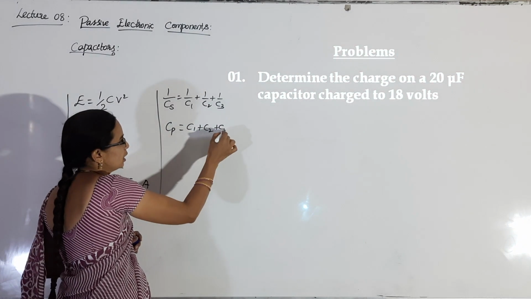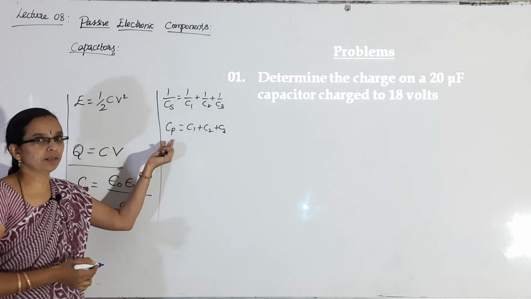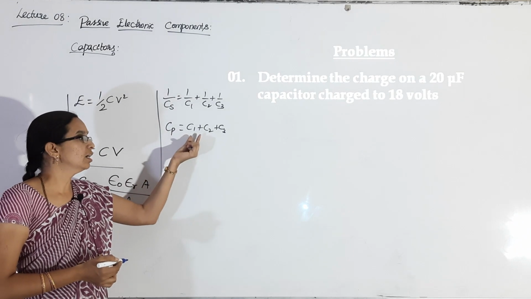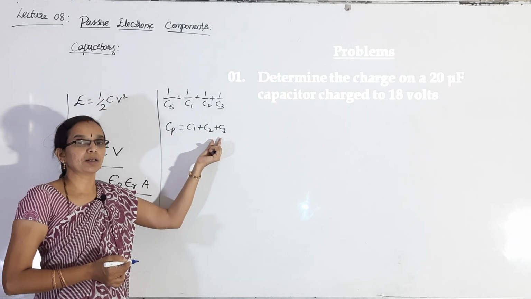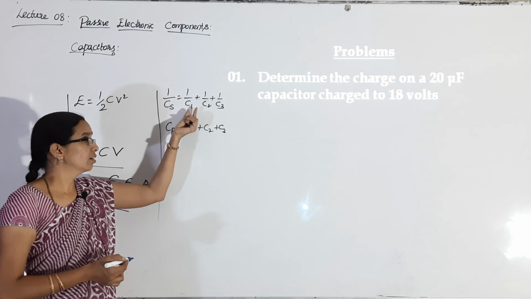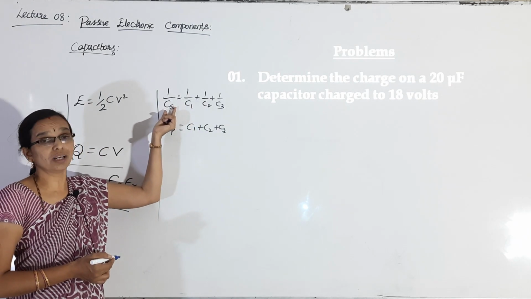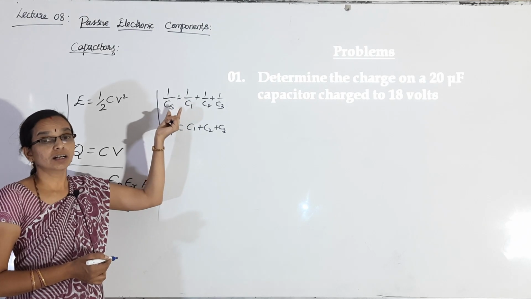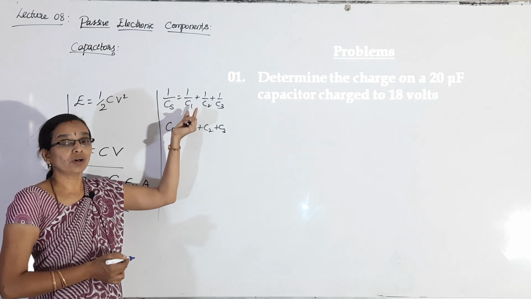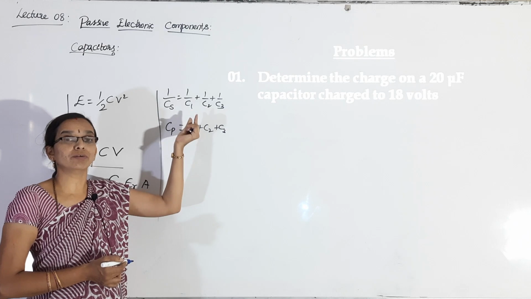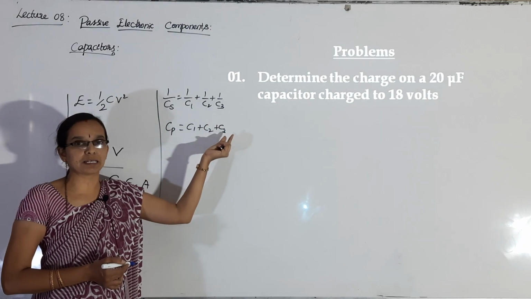When three capacitors are connected in parallel, the effective capacitance will be the sum of the individual capacitances, right. Whereas in series combination we get the reciprocal of the capacitance equal to the sum of the reciprocals of each individual capacitance.